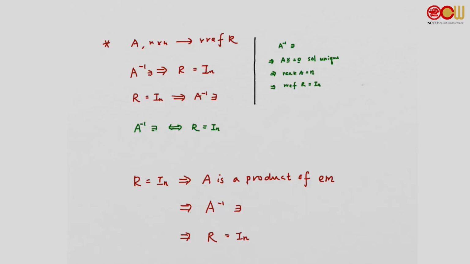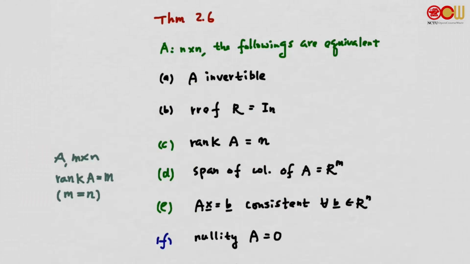All these statements are equivalent. Theorem 2.6 gives a summary of equivalent statements about invertible matrices. First of all, A is invertible if and only if the reduced row echelon form R is the identity matrix. And this is the same as saying that the rank of A is equal to n.